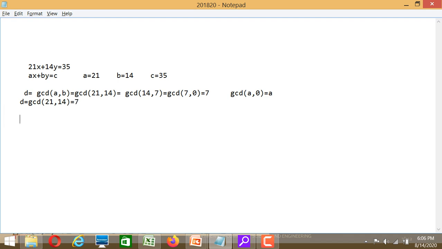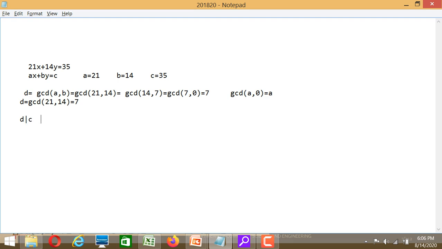Now by using this d value, first check whether you have a solution for this equation or not. For that purpose, this is very simple. Divide the c value by the d value 7.